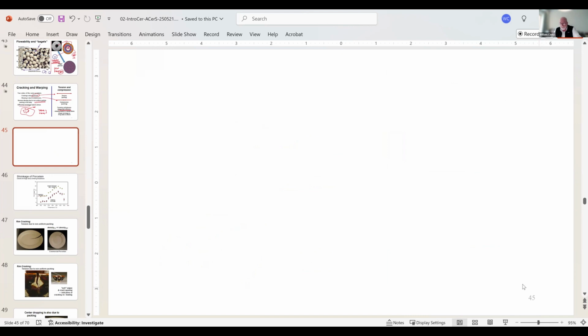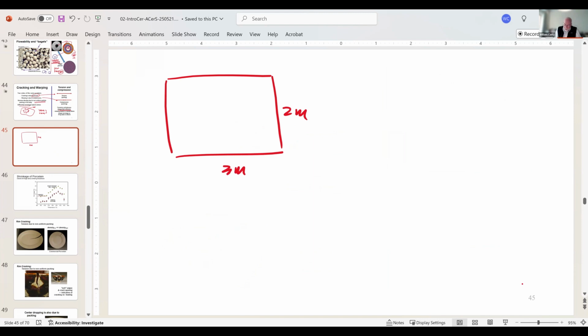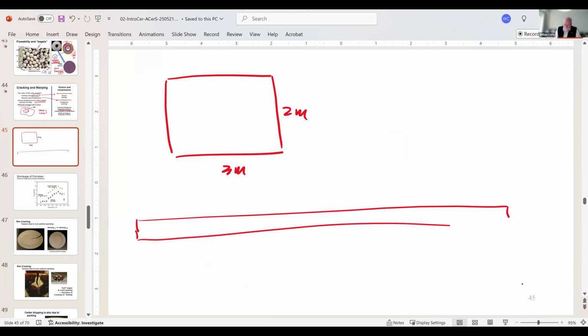And my argument for firing is this: let's take this as an example. Let's say that I'm going to fire this tile that we just talked about, which is 2 meters by 3 meters, and I'm going to do that in a roller hearth kiln. My roller hearth kiln is, say, about 200 meters long, and my time here, T0 to T final, is 50 minutes.